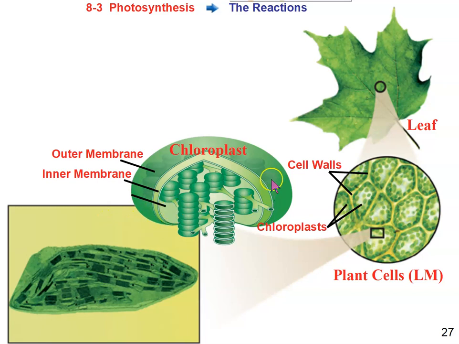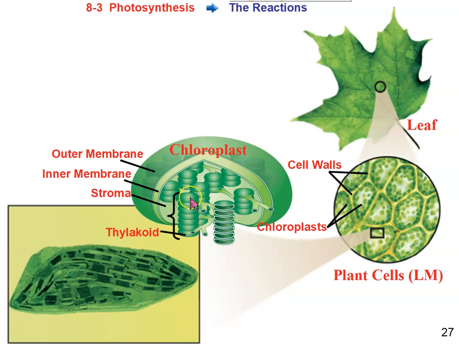The space within the chloroplast, and I think I've told you before, you can think of that as kind of like the cytoplasm of the chloroplast, but we don't call it that. It's known as the stroma. And then there are these stacks of discs. Each individual disc, as you already know, is called a thylakoid.